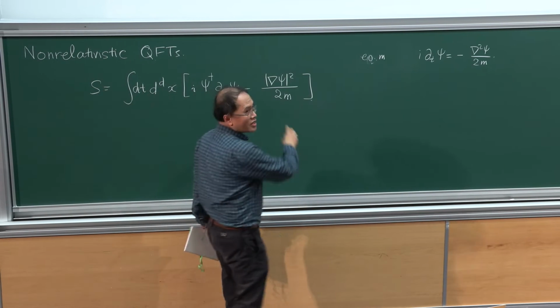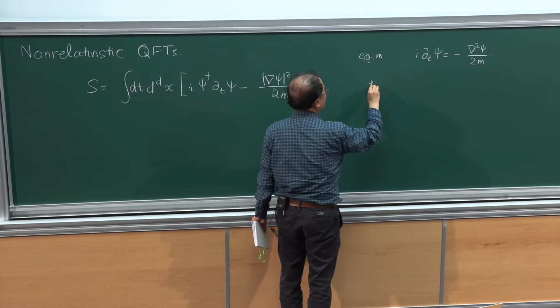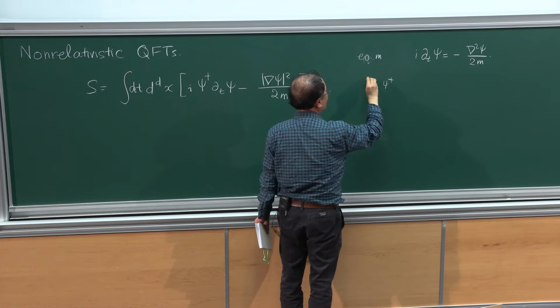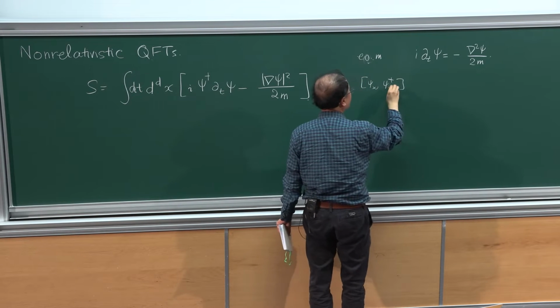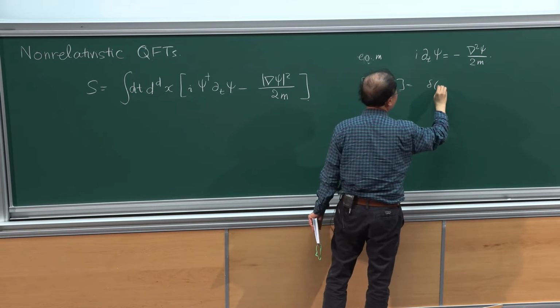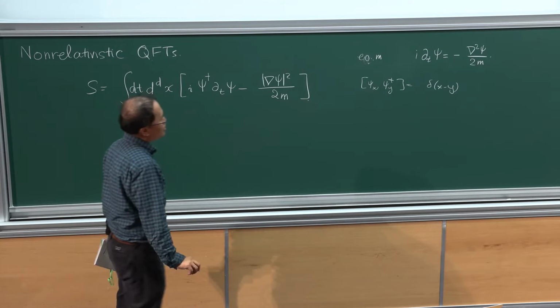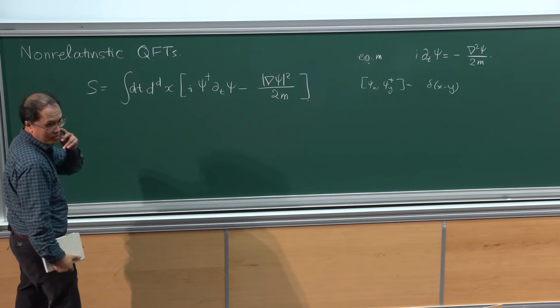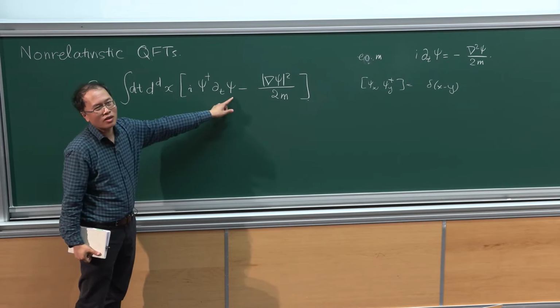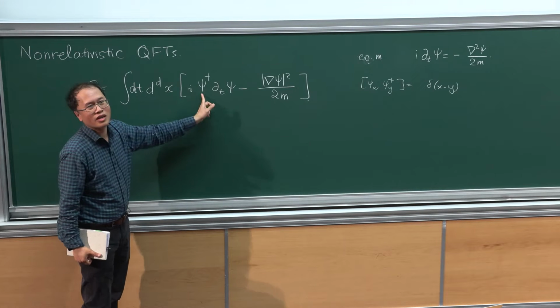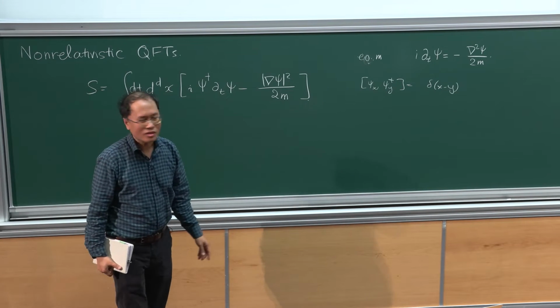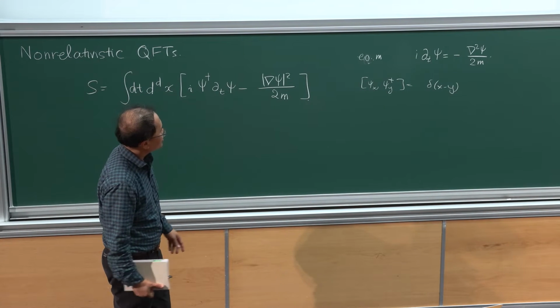So if I quantize this theory, I have to first impose the commutation relations, which in this case is [psi(x), psi dagger(y)] equal to delta of x minus y. Basically, the momentum canonical conjugate to psi is psi dagger, so that's why we have this commutation relation.